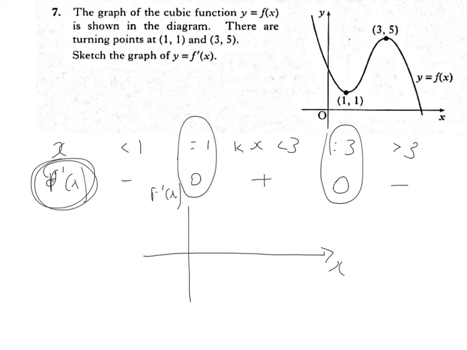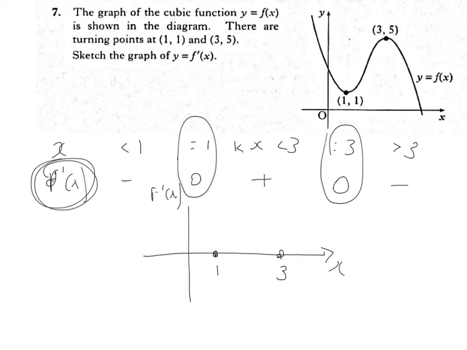You can first of all see that I've got 0 gradient at an x coordinate of 1. I've also got 0 gradient at an x coordinate of 3. Now what I must do is make my curve go through that point and that point, because I know them exactly. At x coordinate 1, I've definitely got 0 gradient, and at x coordinate 3, I've definitely got 0 gradient again.